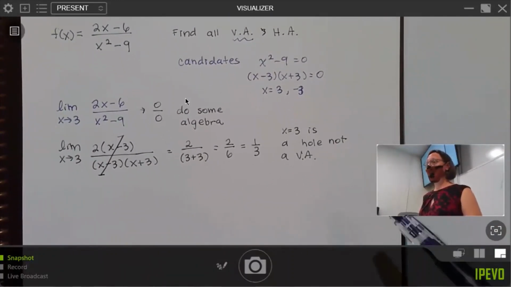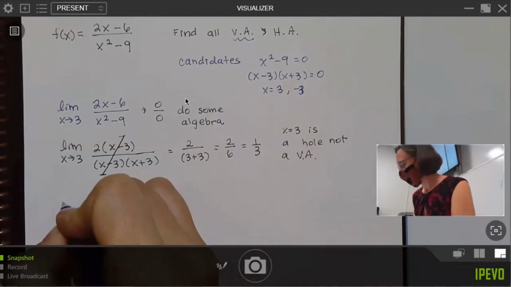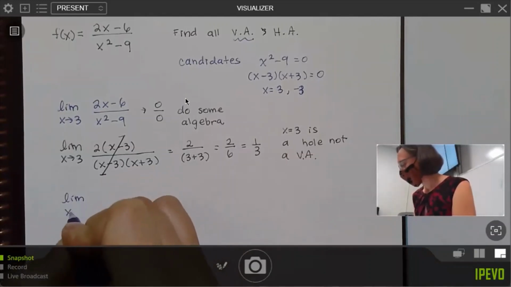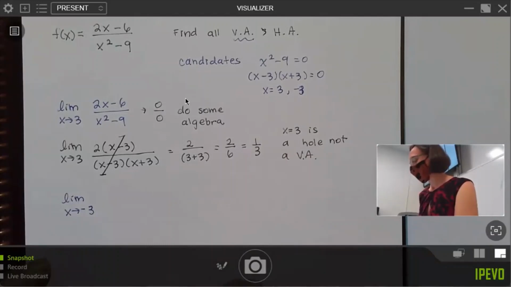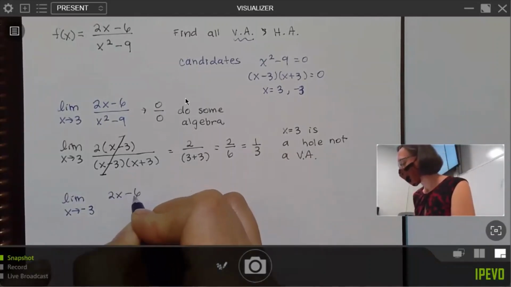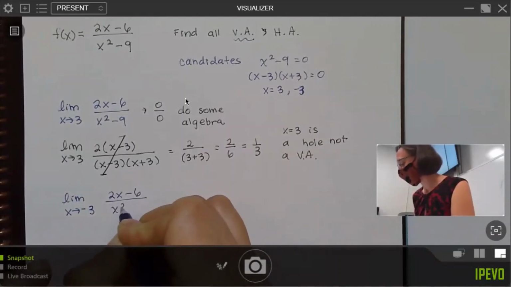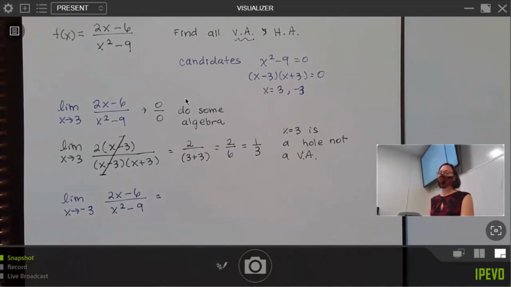Let's take a look at the limit as x approaches -3 to see if that's a vertical asymptote. So we're taking the limit as x approaches -3, and really it's best to go back to the original function. When we plug in -3, by the way, this part was not part of the question that was asked on the practice test.